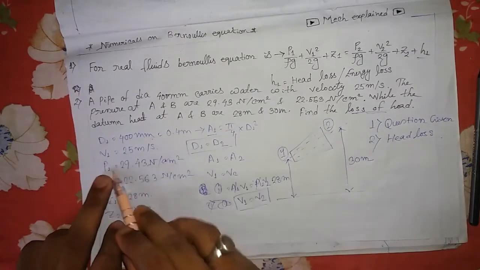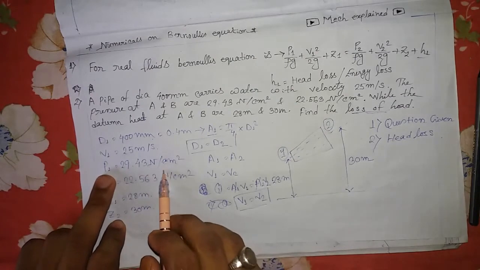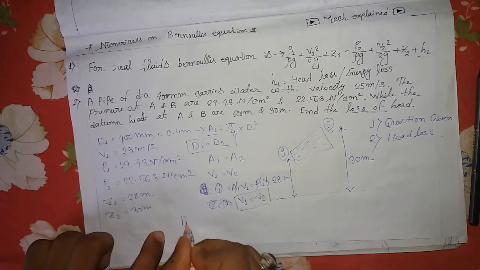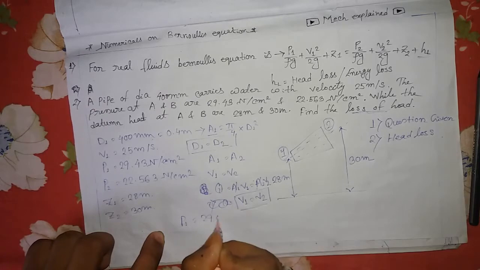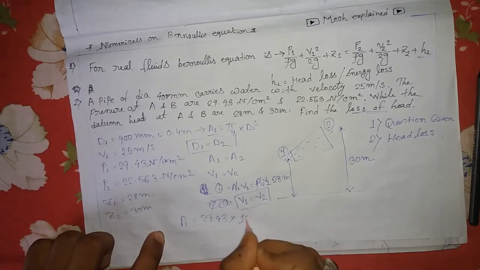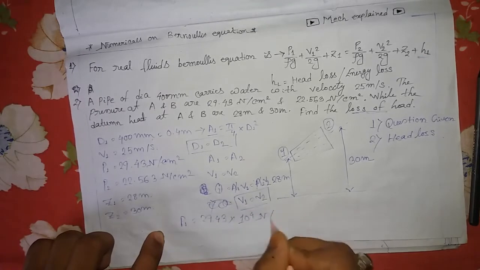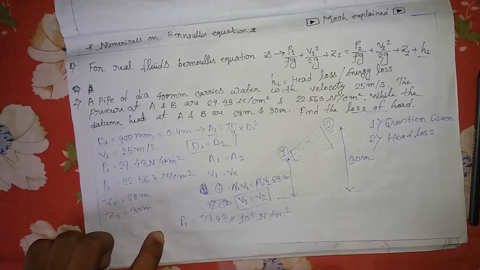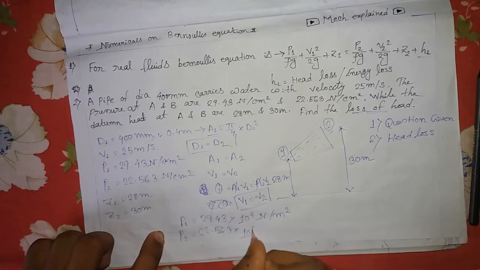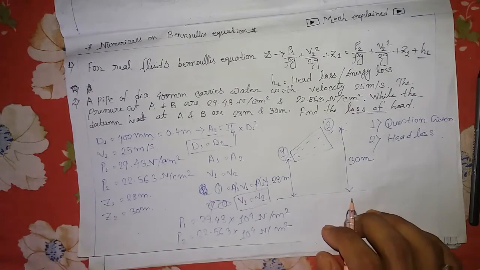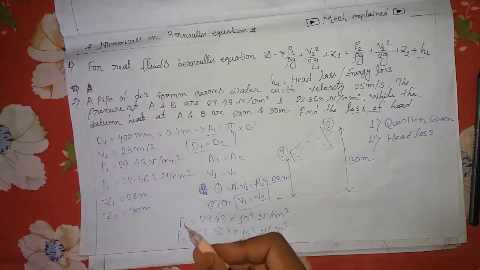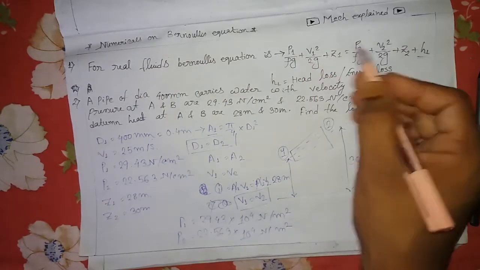Fine. Here P1 is in Newton per centimeter square, so we have to multiply 29.43 by 10 to the power 4 to convert it into Newton per meter square, and P2 equals 22.563 into 10 to the power 4 Newton per meter square. Now we can put all the values of P1 and P2 here and here.